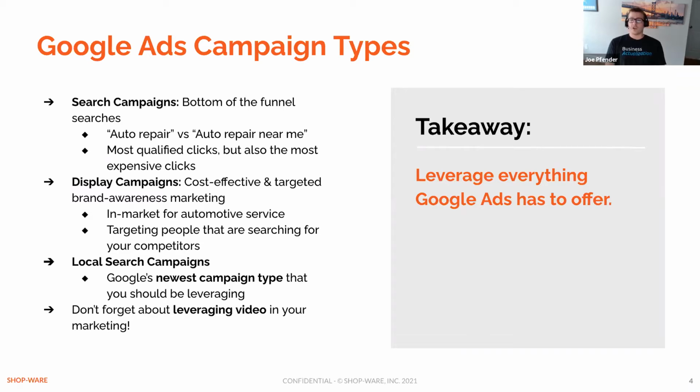So we want to target keywords that have high intent, the longer tailed bottom of the funnel searches. That's where we find qualified buyers, qualified clicks, but that's also where the clicks are most expensive. So I'll pause there. Definitely looking forward to touching on display and a new campaign type, local search campaigns.